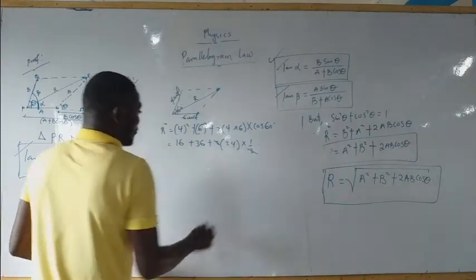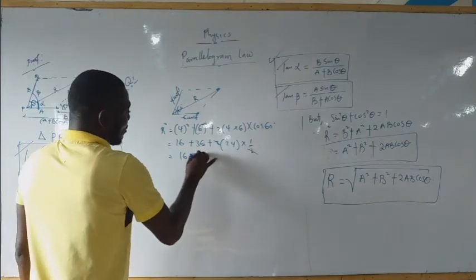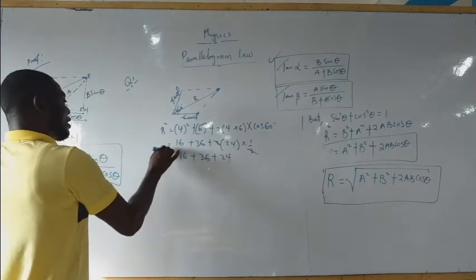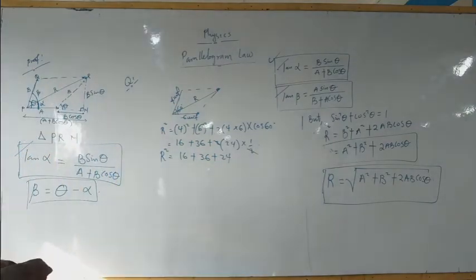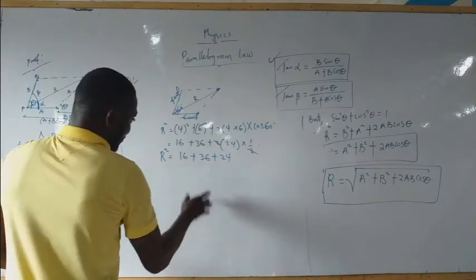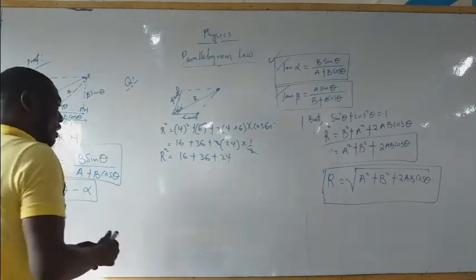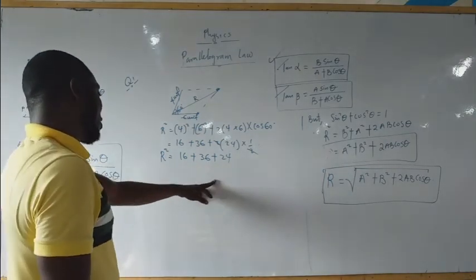So the 2 and the 2 will go. We have 16 plus 36 plus 24, which gives R squared. 16 plus 36 gives us 60, sorry, 16 plus 36 is 52, plus 24 will be 76.